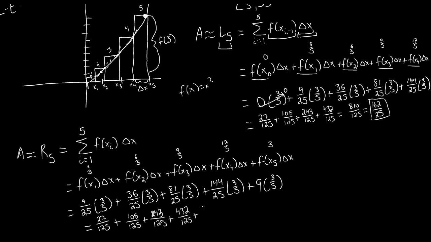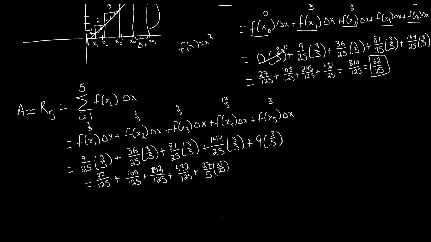plus 27 over 5. But to give this a common denominator so we can add these together, I have to multiply both the top and the bottom of this fraction by 25 over 25. So I'm going to add together all these that we had here, because from what we had just earlier, this is all 810 over 125.